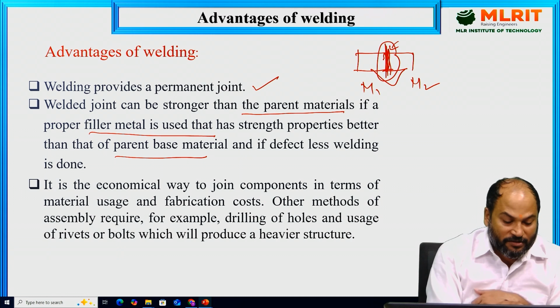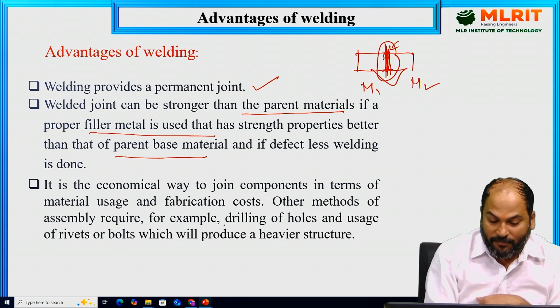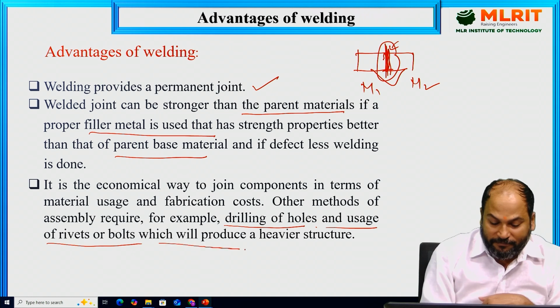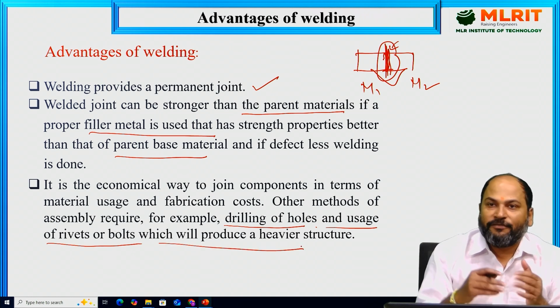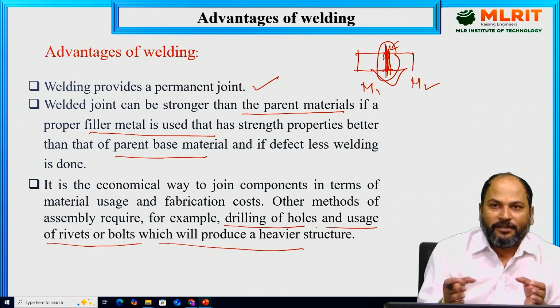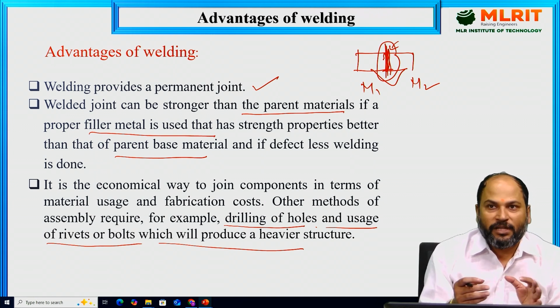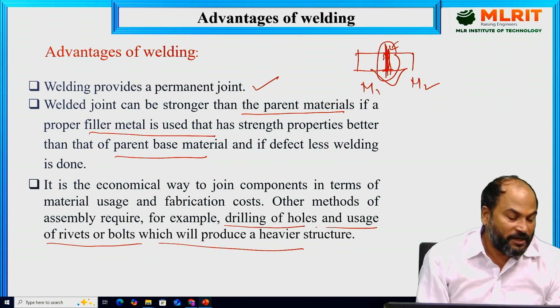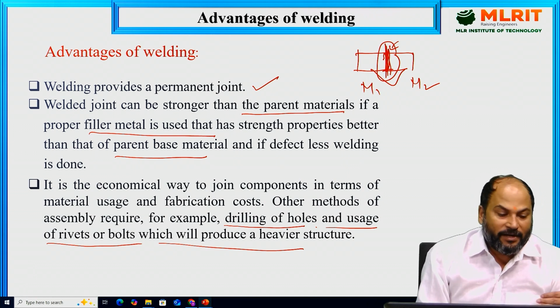Other methods of assembly require, for example, drilling holes and then using rivets. If we are doing all these things and finally calculate how much material we have actually used in this particular system, then we'll get to know that the material used is always more than what we used in welding. So it is always economical to use welding. So these are the three major advantages of this process.